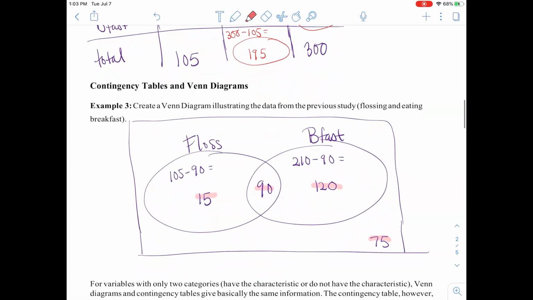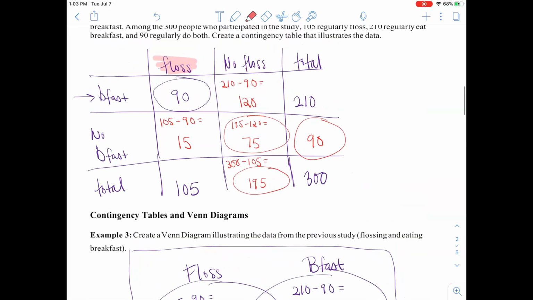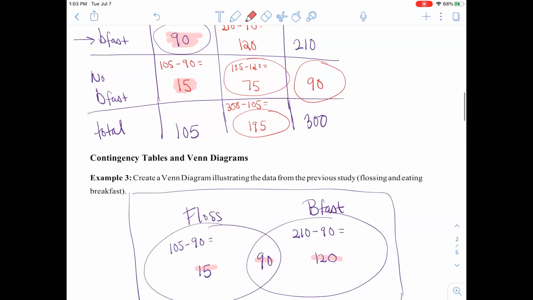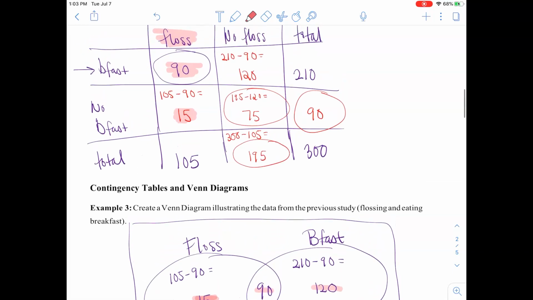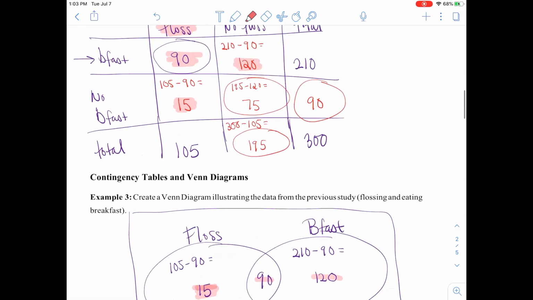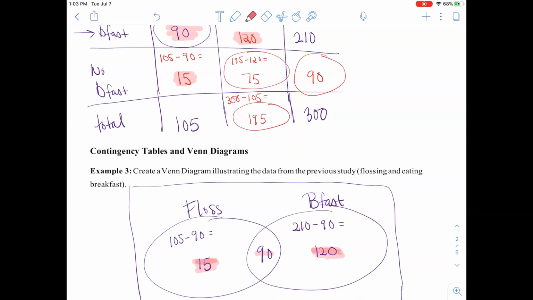So I can see that 90 do both. I can also see 90 do both right here. I can see 15 floss, but they don't eat breakfast. Well, that's the same right here. And then I can see 120 eat breakfast, but they don't floss. Again, same information right here.